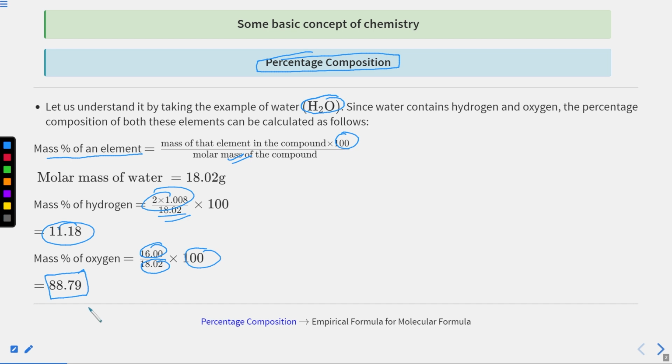Although hydrogen has more numbers, due to its less mass, its percentage mass is less. Whereas oxygen has a smaller number of moles, but it will acquire more mass percentage.